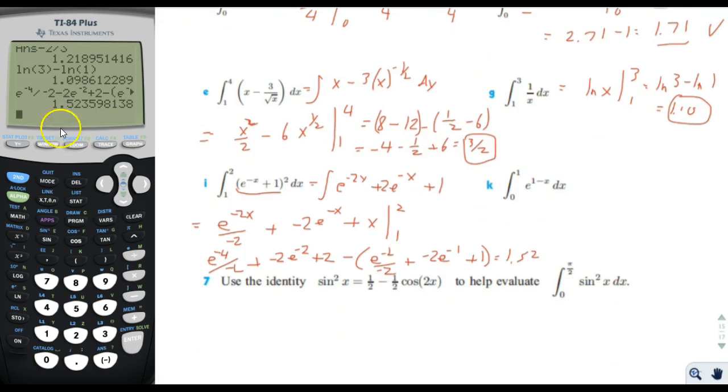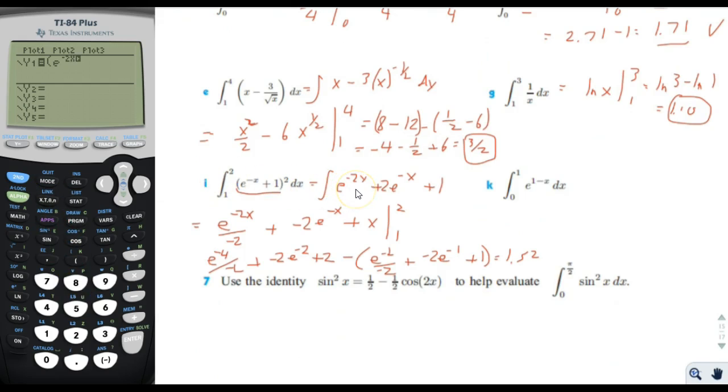Okay, and then I'm going to do the alternate method to do this, which would be I'm going to put in this function e to the negative x plus 1. I'm going to put it in exactly like that because the calculator doesn't care if it's easily integrable or not, because it's not really taking the integral.